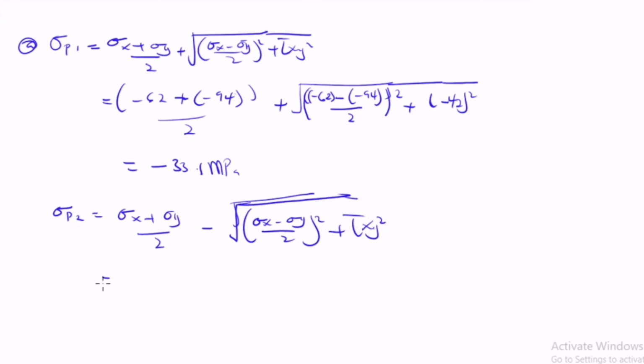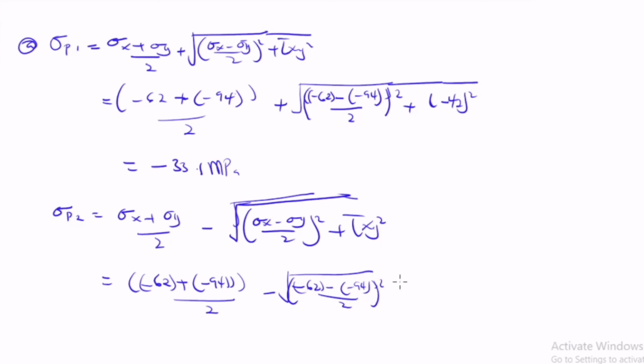So then we do substitution, negative 62 plus negative 94 megapascal divided by 2 minus the square root of negative 62 minus negative 94, all squared, divided by 2, then plus our negative 42 all squared. In that case, when you do that correctly, you're also going to have negative 122.9 megapascal.